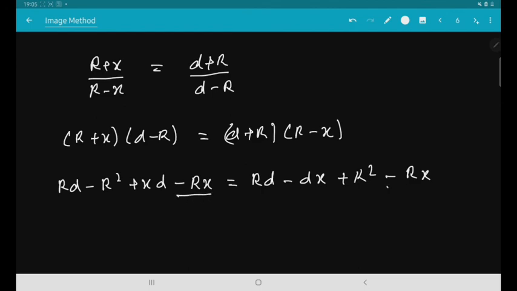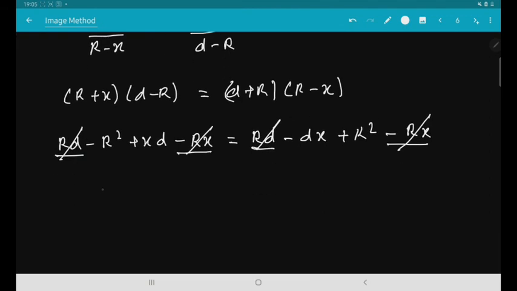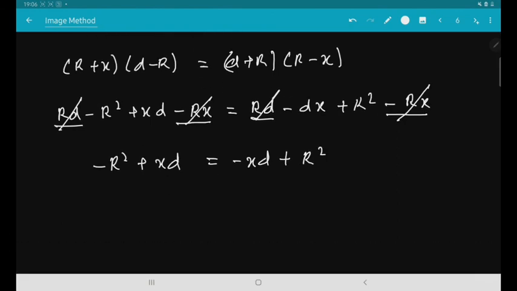Now let us see what are the terms that have same signs that will get cancelled. Minus rx and minus rx will get cancelled. Again we have rd which will get cancelled. This side also rd will get cancelled. We'll have minus r square plus xd is equal to minus xd plus r square. These are on opposite sides.